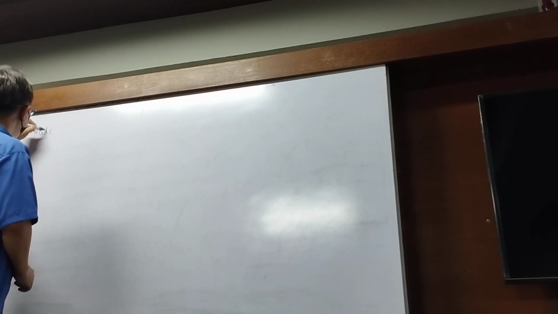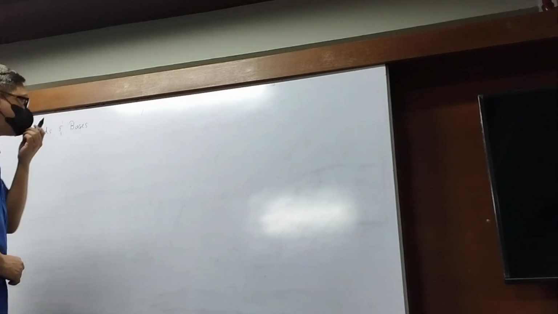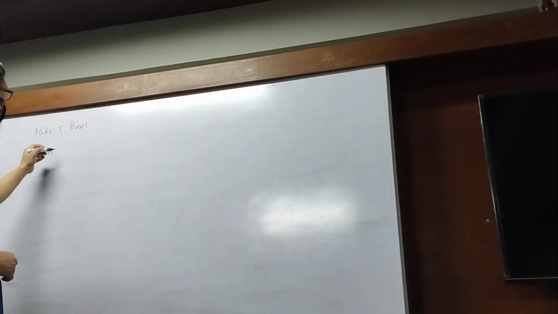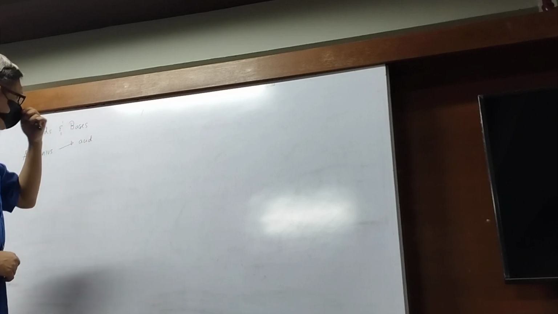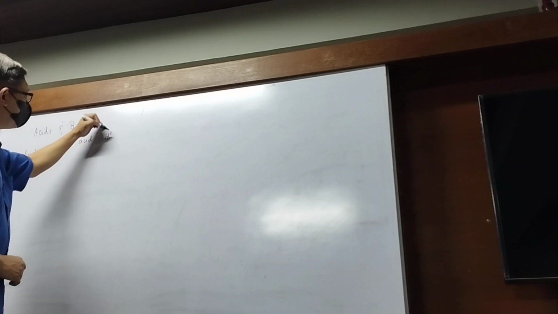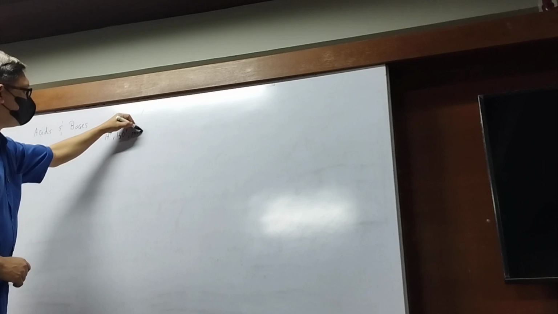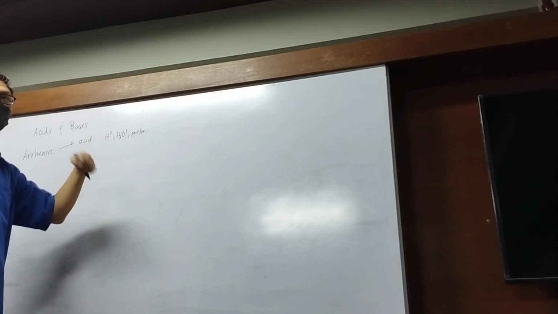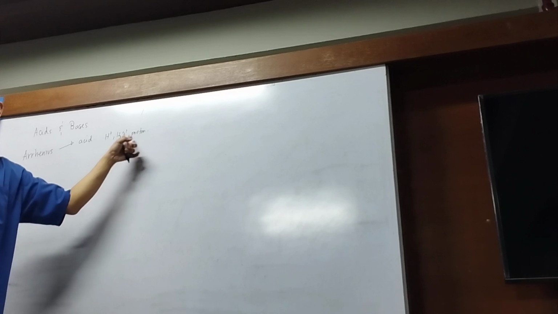So, definition of acid. Acids and bases can be defined. Actually, there are three, but I won't discuss the other one. So, the first definition is Arrhenius. When you say something is an acid, it produces H plus or H3O plus or protons. It just means the same thing, but to simplify, we say it's H plus. If you remove the electron from a hydrogen atom, you'll just have a proton.